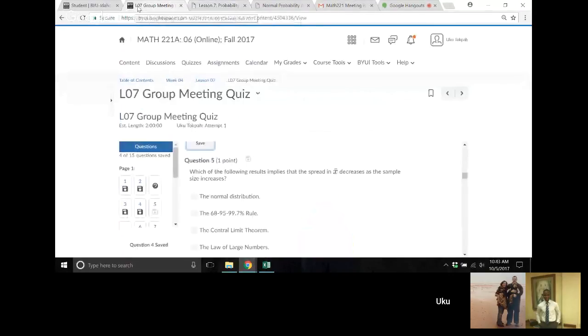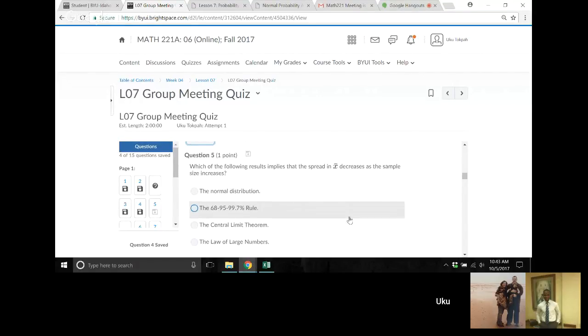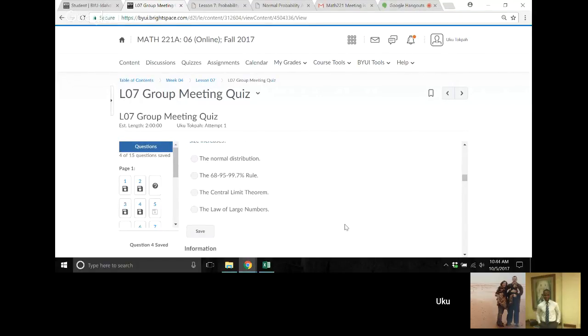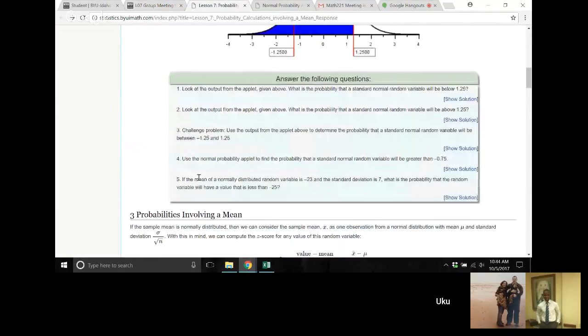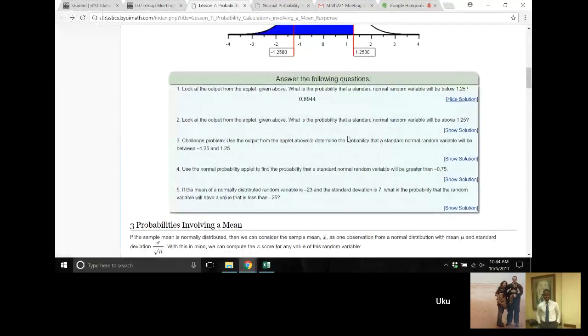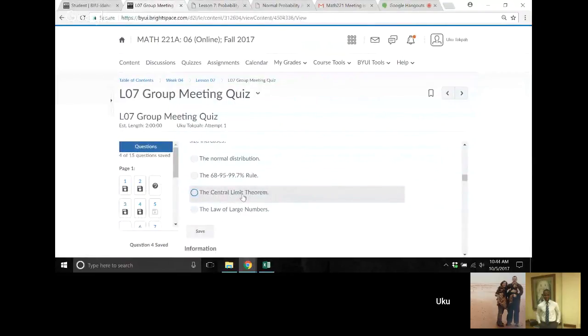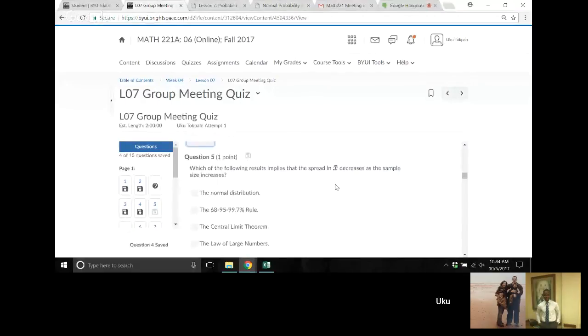Wait, let me see the question. No, decreases. I thought option 3 or option 4. I'm still thinking it through. Sample means, I think it will be option 3.